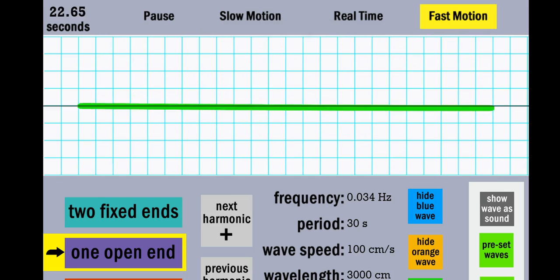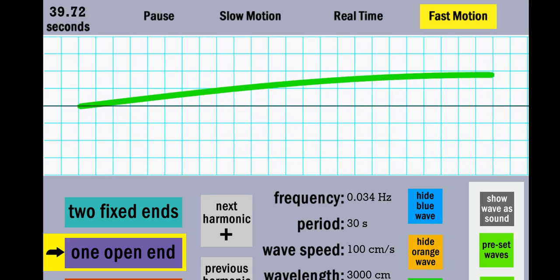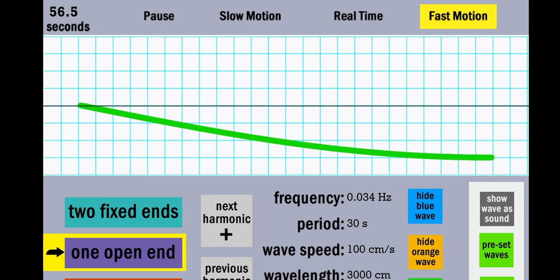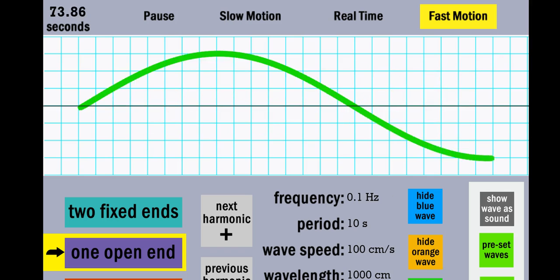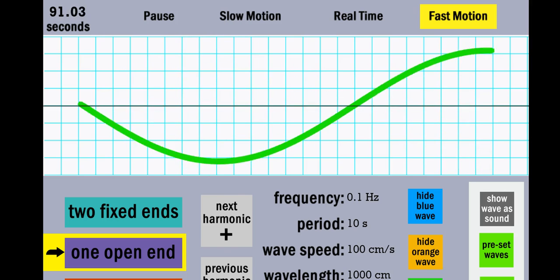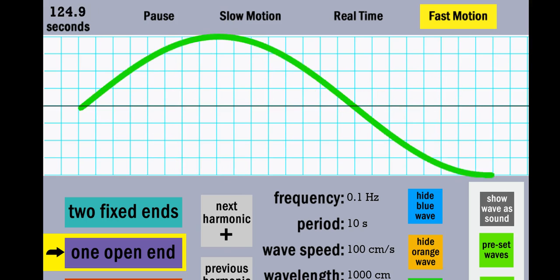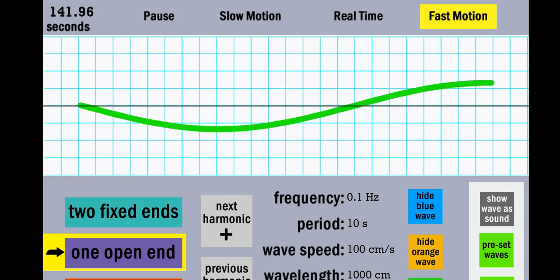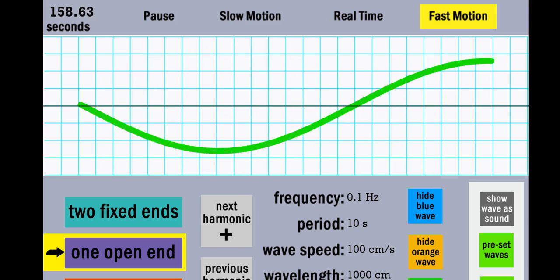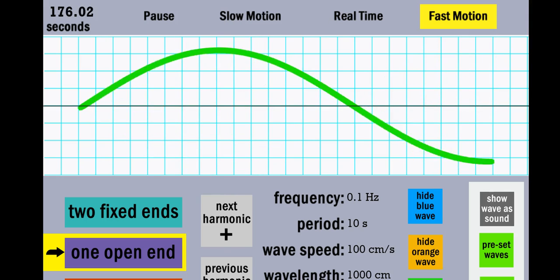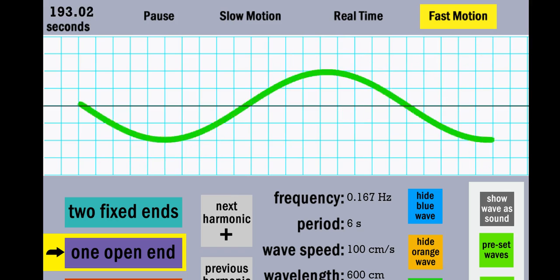Okay? So notice we have a node on the left and an antinode at the right. This is the fundamental. But now what we get is this here. The next harmonic that we hear is not the second harmonic, it's the third one. Okay? Because it's going to be 3 times the frequency.